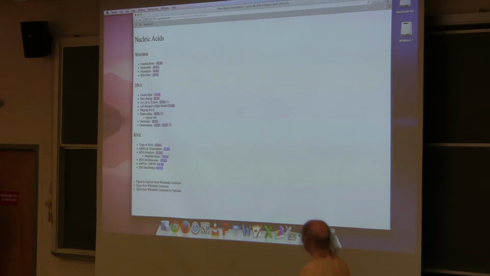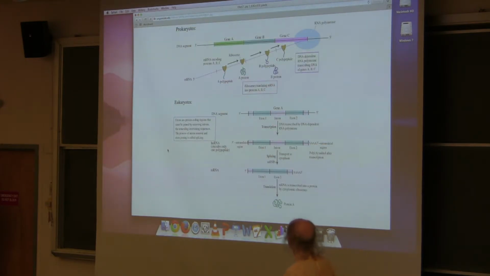Okay, the second type of RNA that I want to concern ourselves with is messenger RNA. Messenger RNA is called messenger RNA because it carries a message. That's what a messenger does. A messenger carries a message. The message is also related to the genetic code.